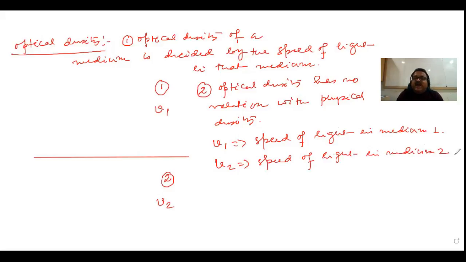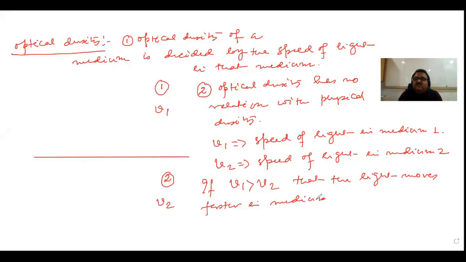Okay. And if V1 is greater than V2. What does that V1 greater than V2 mean? That means light moves faster in medium 1 than medium 2. If V1 is greater than V2, we can say that the light moves faster in medium 1 than 2.